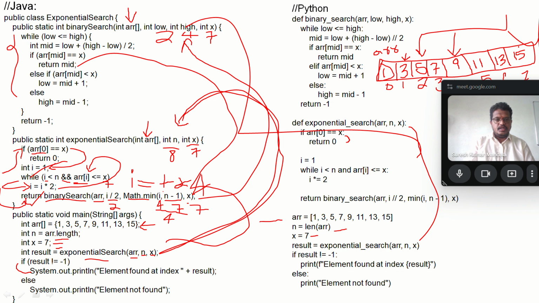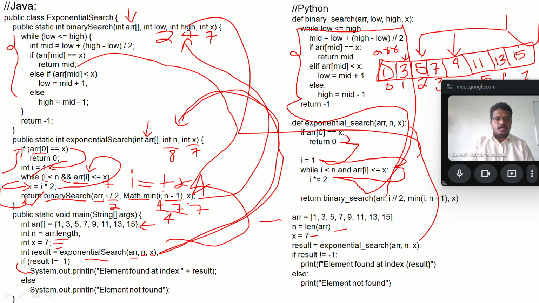If the starting element is found, it will return 0. Otherwise, i will be initialized, the while condition is checked, and we are doubling the index. If the condition is false, it will return the binary search. Binary search will perform the action according to the binary search rules. Again, it will return from binary search to the exponential search, and the result will be found. Like that, the Python programming also works. This is the procedure.